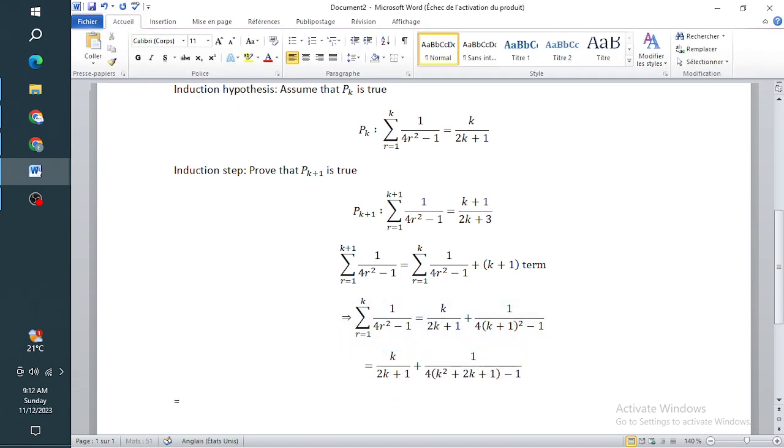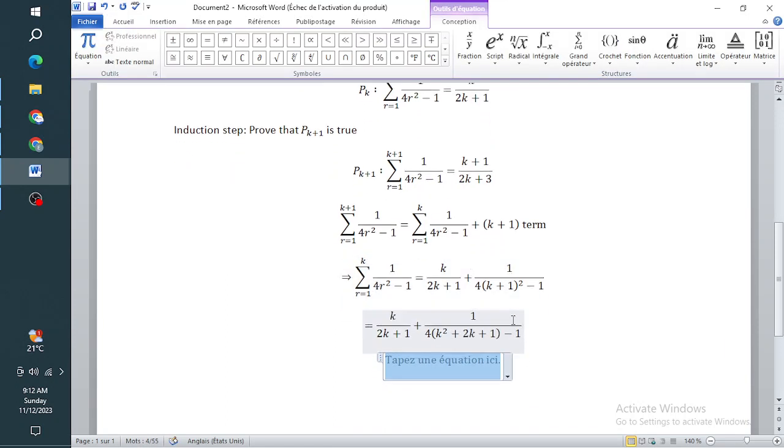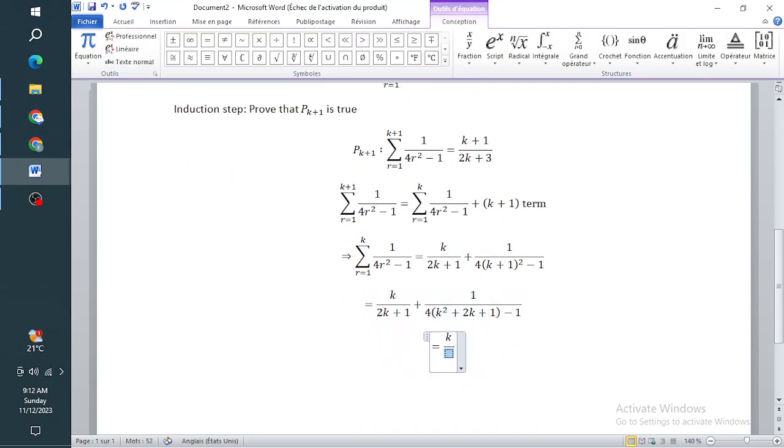I'll just multiply out: this is k divided by 2k plus 1 plus 1 divided by 4k squared plus 8k plus 4, then minus 1.